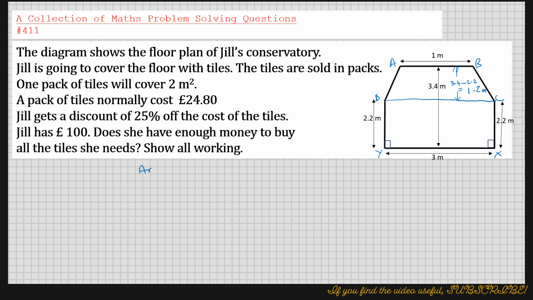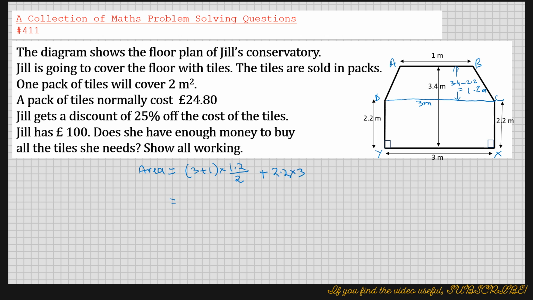So then we can work out the area. First the trapezium: half the sum of the parallel sides. CD would also be equal to 3 meters. So the sum of the parallel sides is 3 plus 1, multiplied by the height, which is 1.2 meters, and divided by 2. That's the trapezium, plus the area of the rectangle, which is 2.2 multiplied by 3.